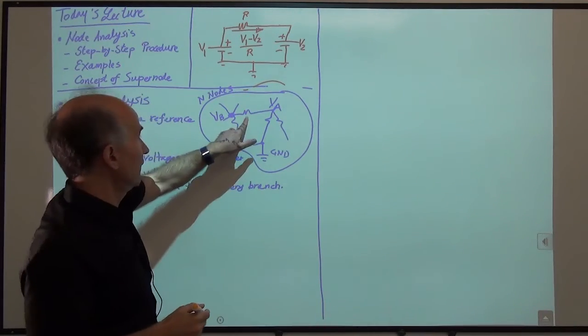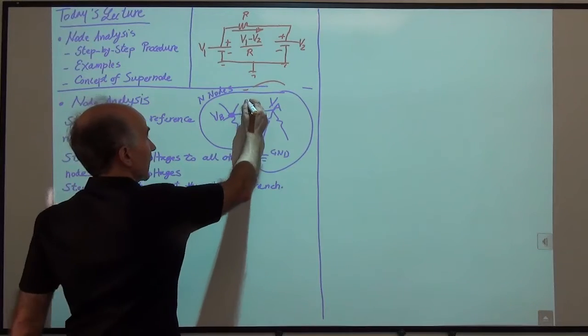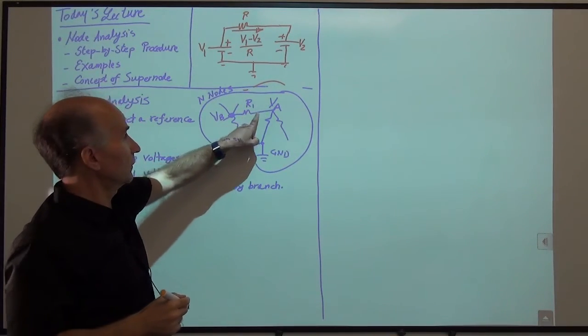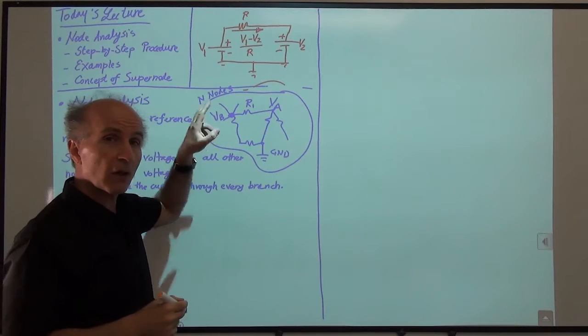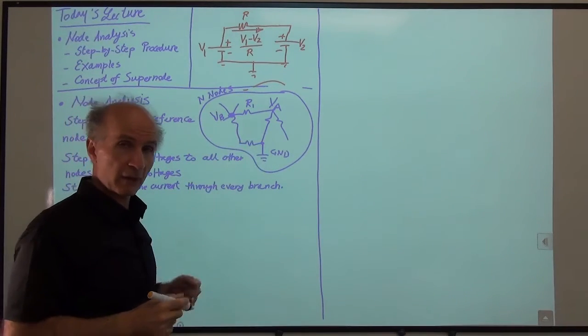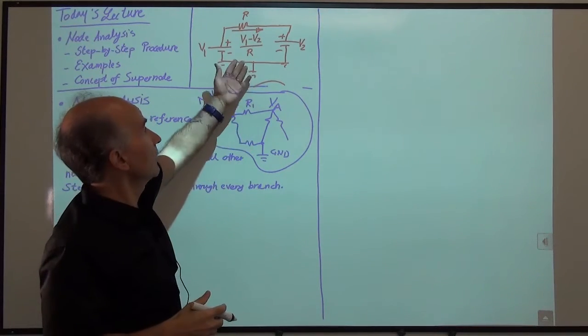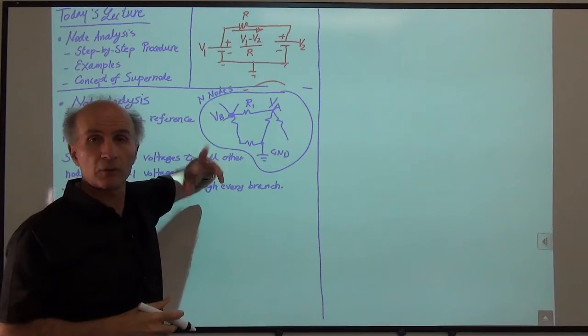All right, so for example, I have a resistor here. Let's call that R1. And I would like to write the current flowing through this branch in terms of the voltages that I have assigned to the circuit. How do I write that? Let's go back to this lemma that I introduced last time, a few times ago.